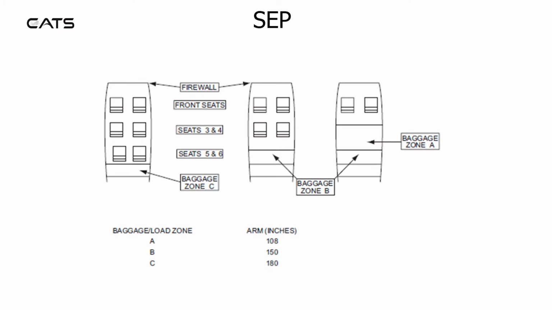There are 3 baggage zones, A, B and C, with arms which are 108, 150 and 180 inches. There's 3 configurations where seating may be removed to allow more baggage space.